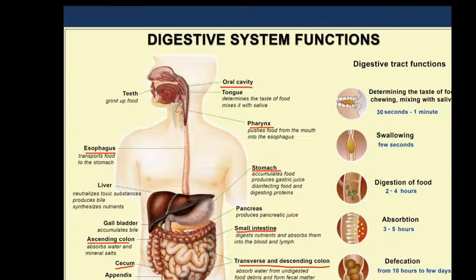Take a look also at how long we can swallow. This is just a few seconds. Digestion of the food happens in the stomach and small intestine. Only this part of the digestive tract can digest food and break it down into nutrients.